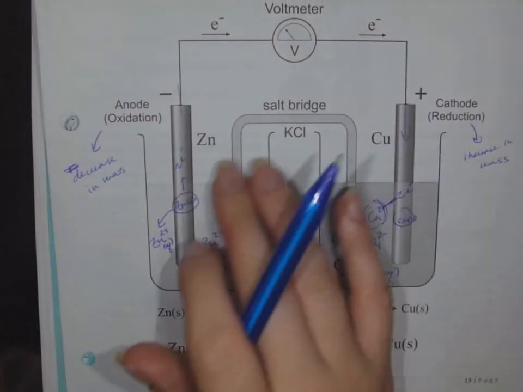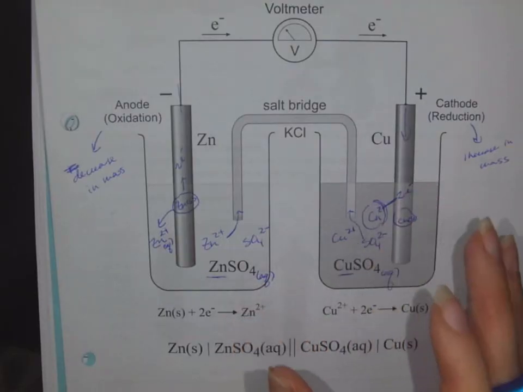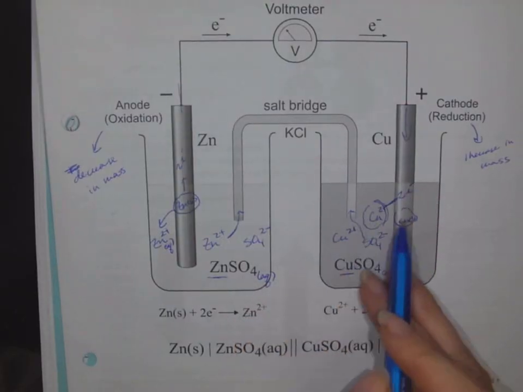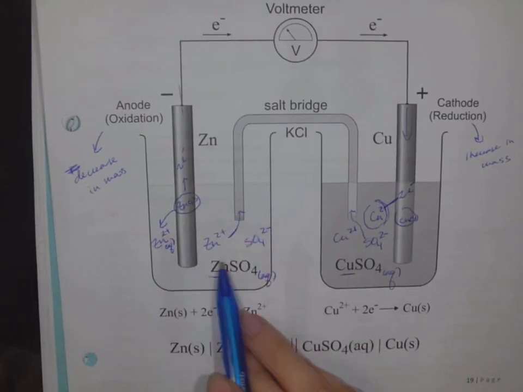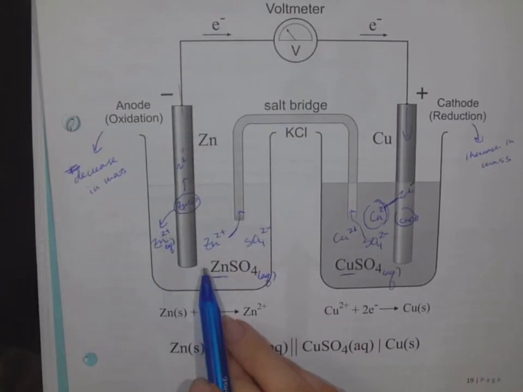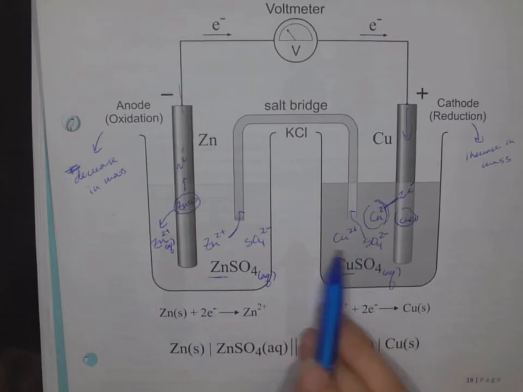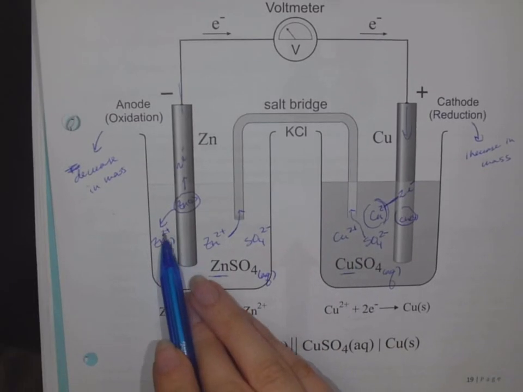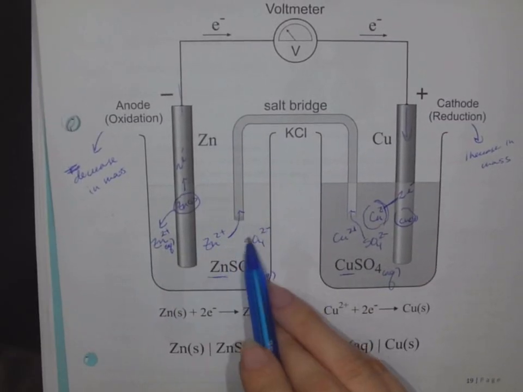This allows us to make this exchange so we can even out, so that we don't run out of cations and we don't become super saturated with cations over here. We can balance it by adding anions into this one.